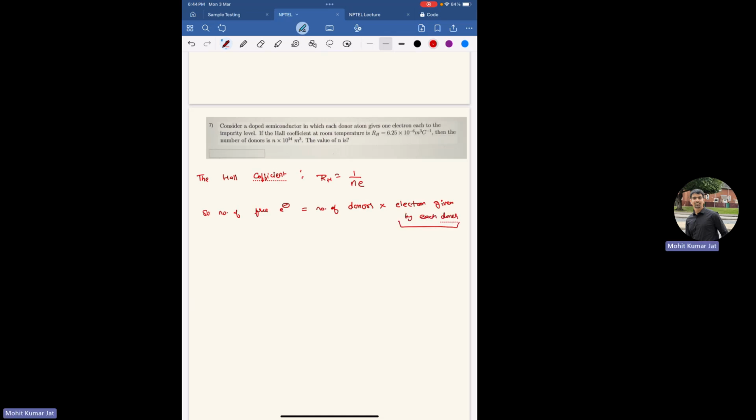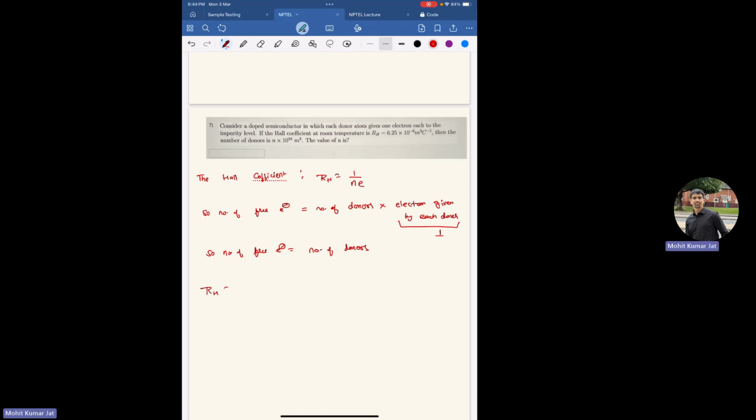In this case, this quantity is 1. So the number of electrons equals the number of donors. Right? Now RH is given.